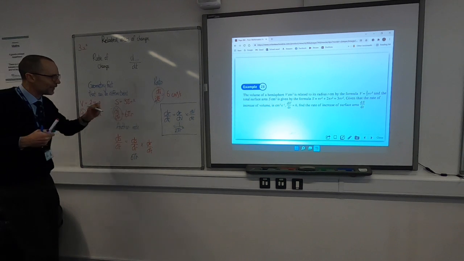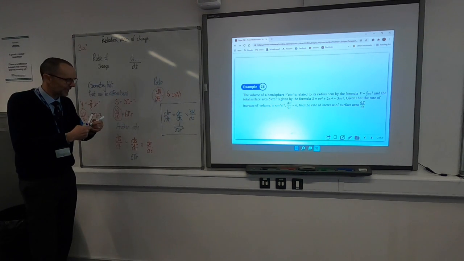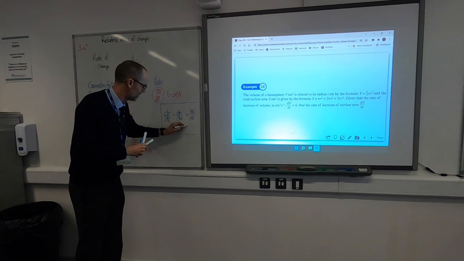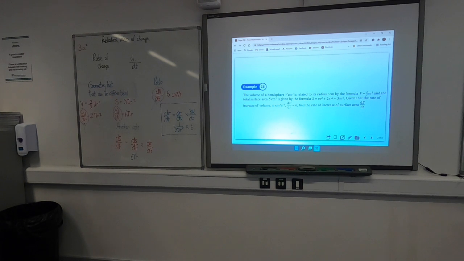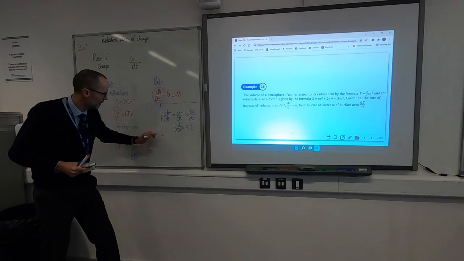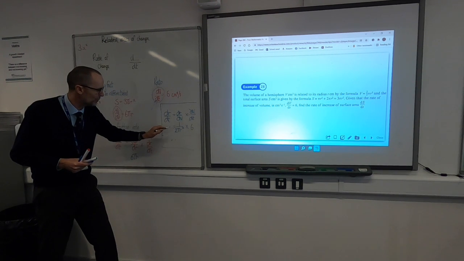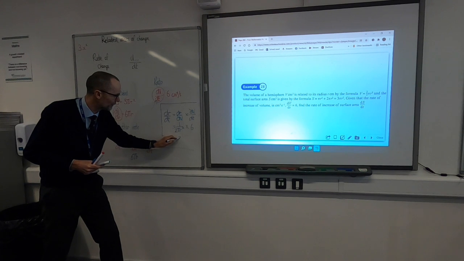Look, if I multiplied all that out, I'd have a dV top and bottom. dV by dt is 6. And go one step further. So that becomes 6 over 2 pi r squared, and 6 divided by 2 is 3, so I'm going to call that 3 over pi r squared.